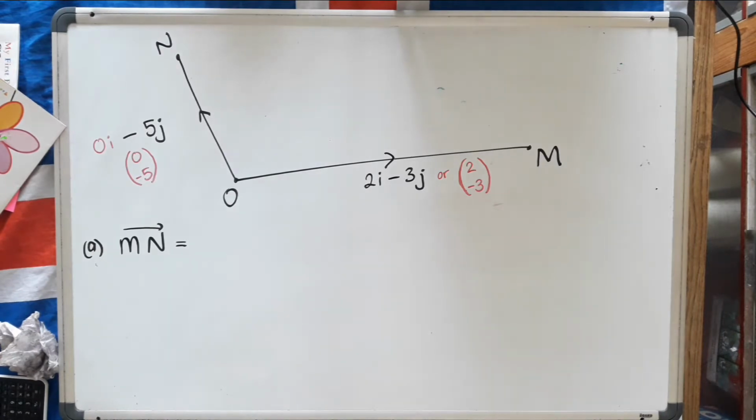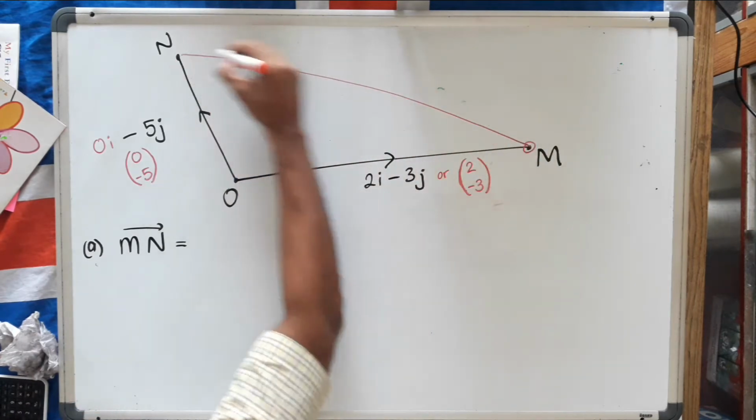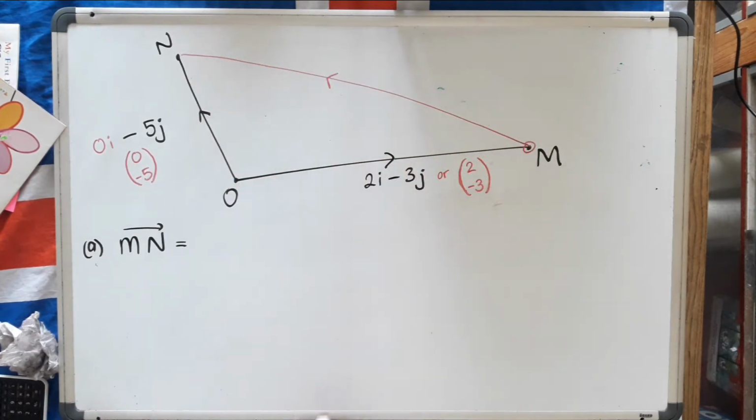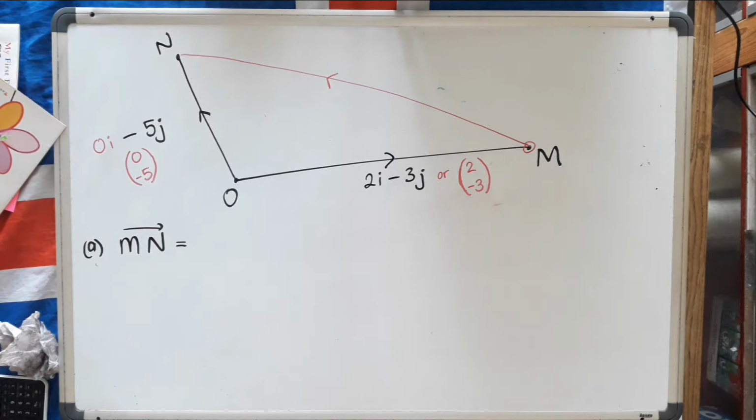Just checking the time here, it's only 29 minutes. That's good. So let's find the vector MN. You want to walk all the way from M to N. I'm going to work this two ways. I'll use the normal horizontal way, and then I'll show you the vertical way.